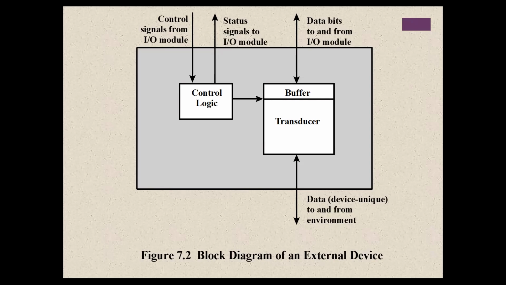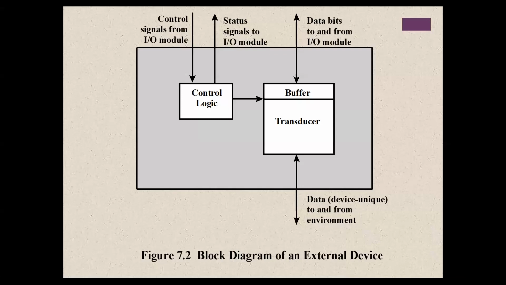The interface between the I/O module and the external device will be further examined in due course. The interface between the external device and the environment is beyond the scope of our lesson, so we will skip that, but we'll give some generic examples as we go along.